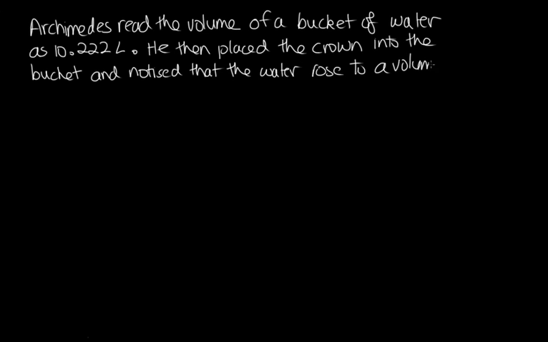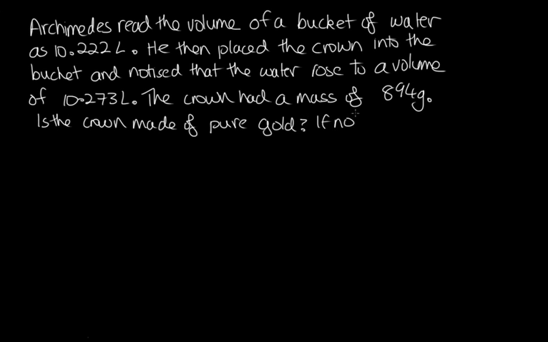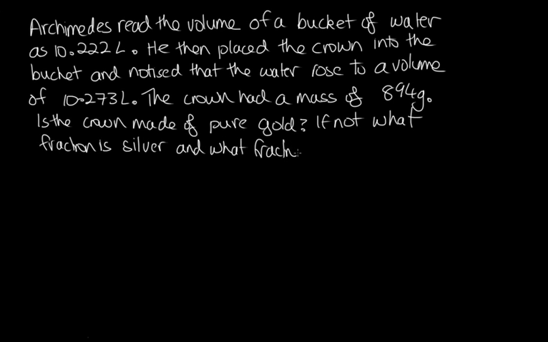He then placed the crown into the bucket and noticed that the water rose to a volume of 10.273 litres. The crown had a mass of 894 grams. Now, is the crown made of pure gold? And if not, what fraction is silver and what fraction is gold?